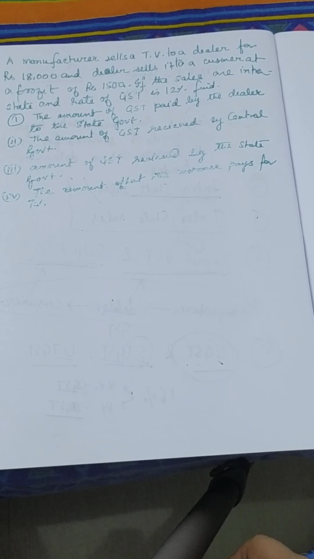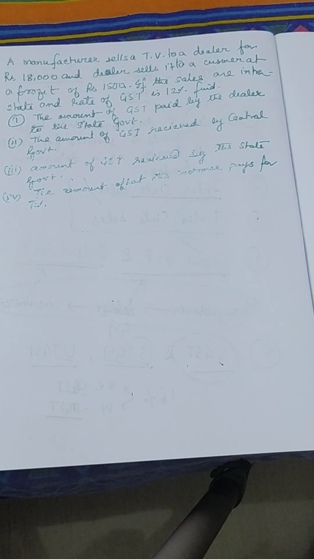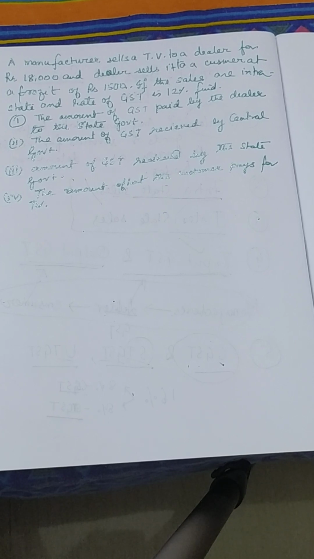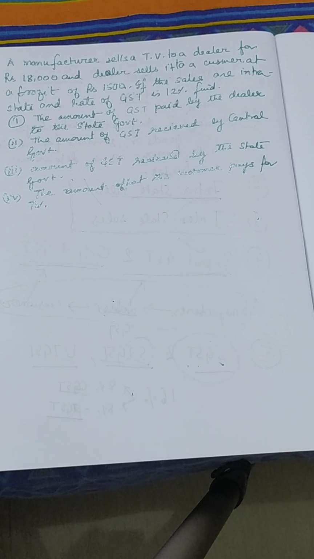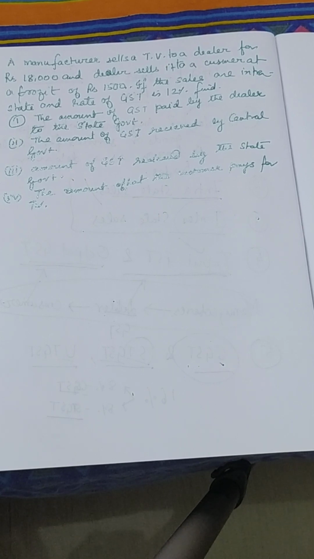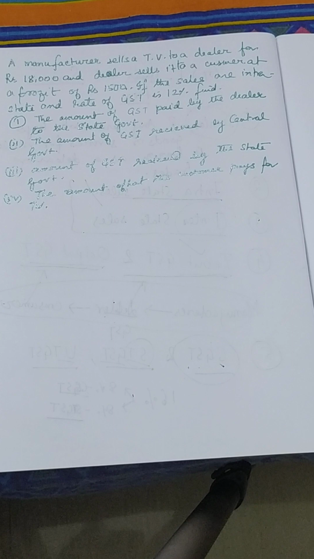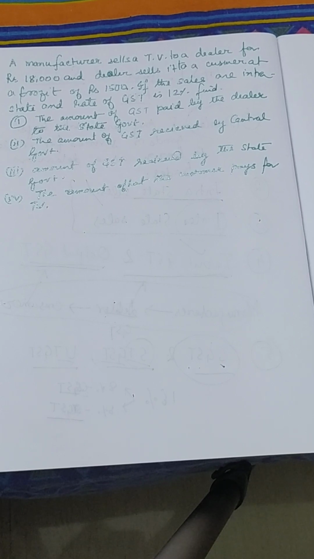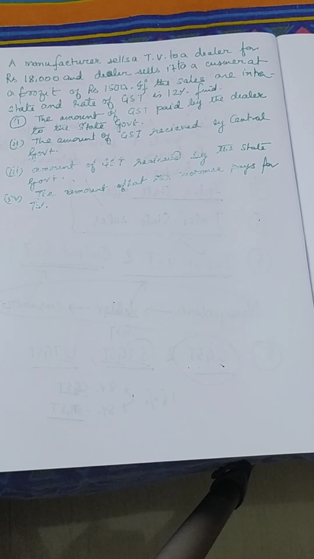If the sales are intrastate and the rate of GST is 12%, then find the amount of GST paid by the dealer to the state government, the amount of GST received by central government, and the amount of GST received by state government. And the last question, the amount of rupees that the customer pays for the TV.